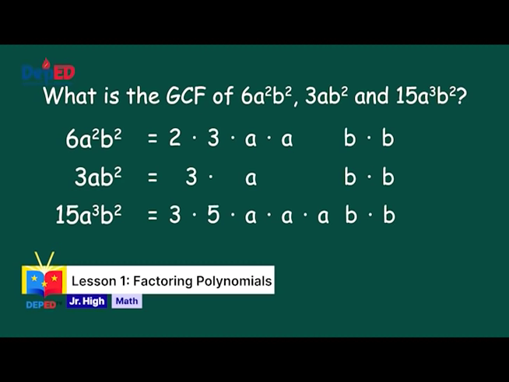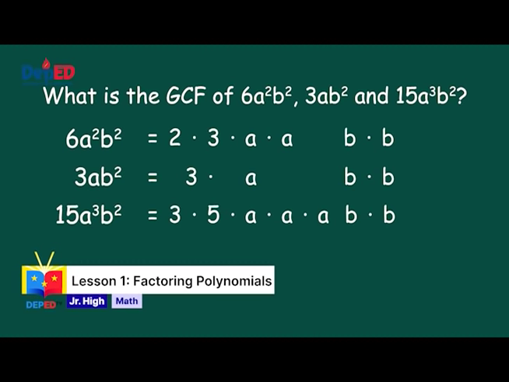How about 3ab squared? 3ab squared is just 3 times a times b times b. Note that we use two variables here, so it can be helpful to separate them in our solution. Then we have 15a cubed b squared.